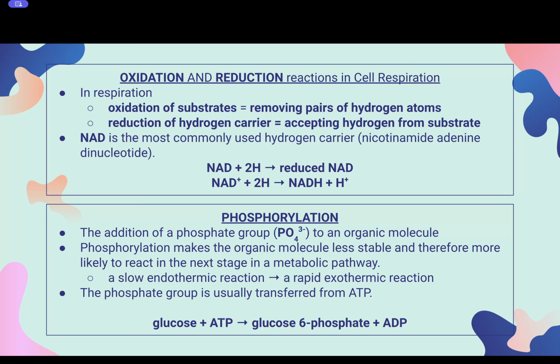Oxidation of substrates in the context of respiration is the removal of pairs of hydrogen atoms, and the reduction of hydrogen carriers, or NAD in this case, is accepting hydrogen from the removal from the substrate.